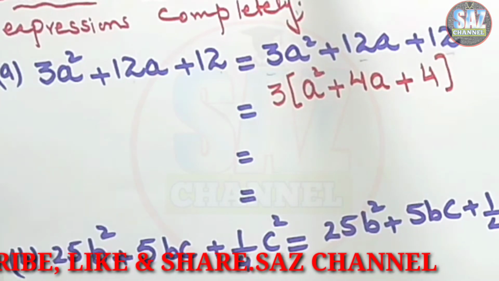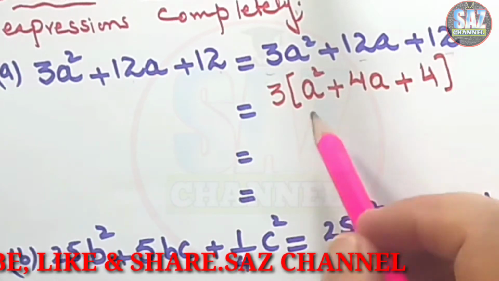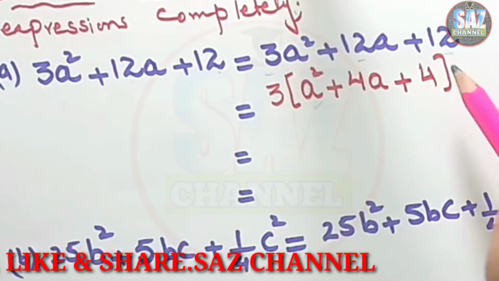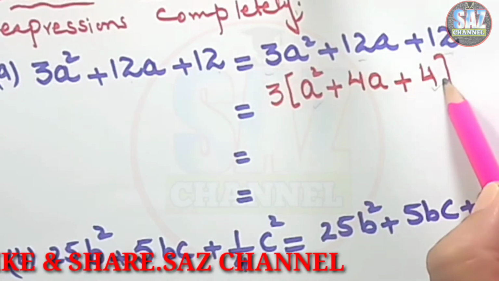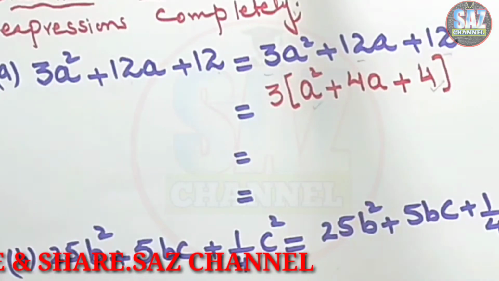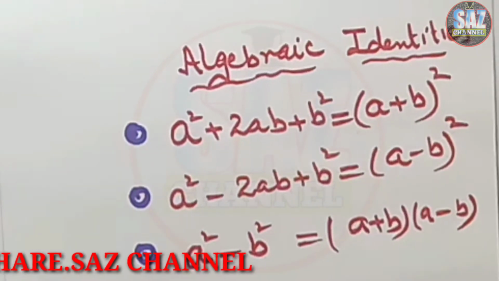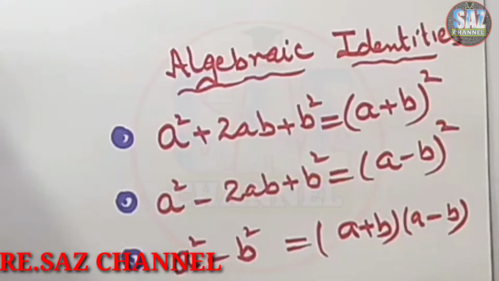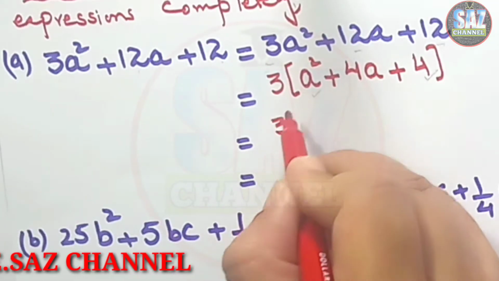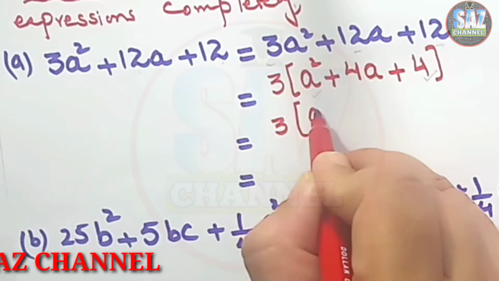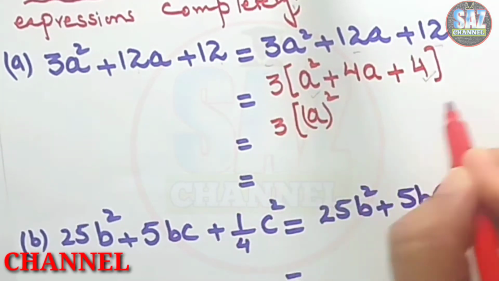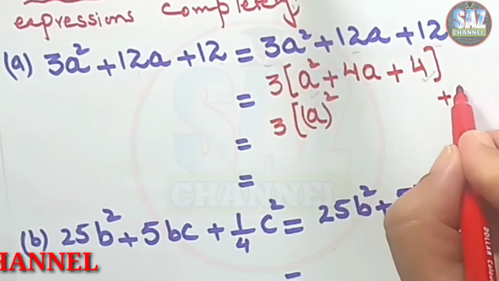Now if you look at the expression inside the bracket, a square is a perfect square and 4 is a perfect square, so I will be applying the perfect square identity with sum in this situation. According to that I will write 3 as it is, a whole square and plus b.